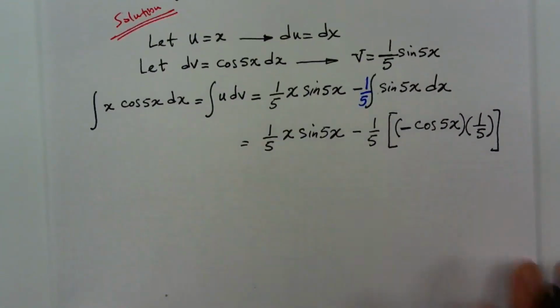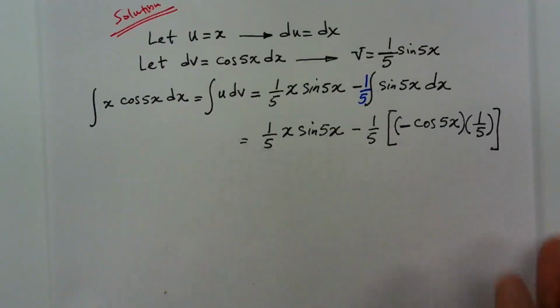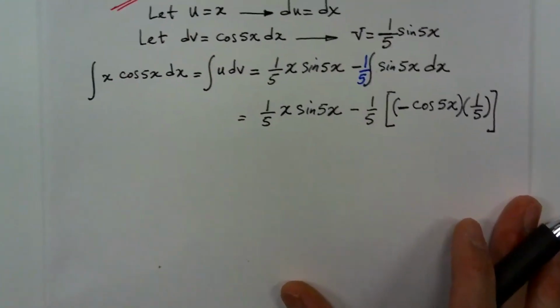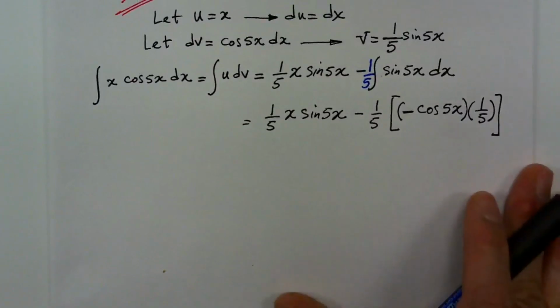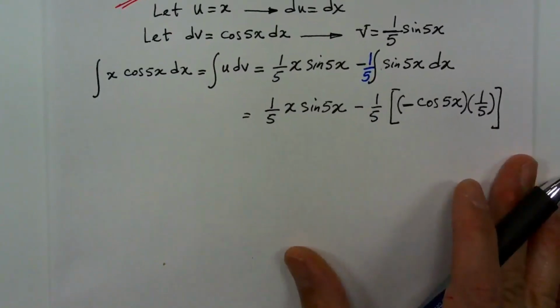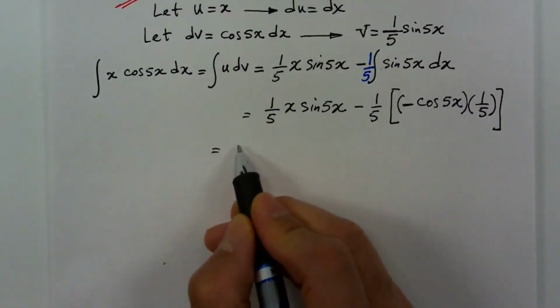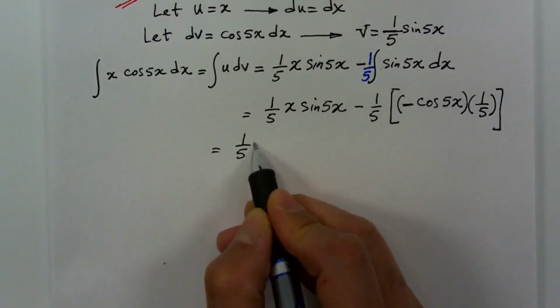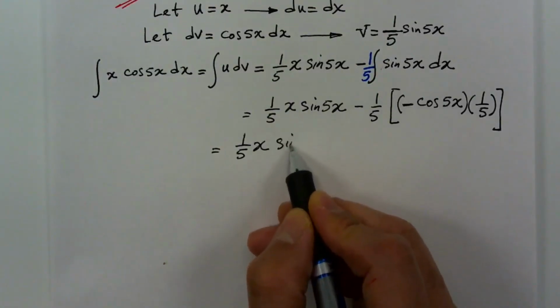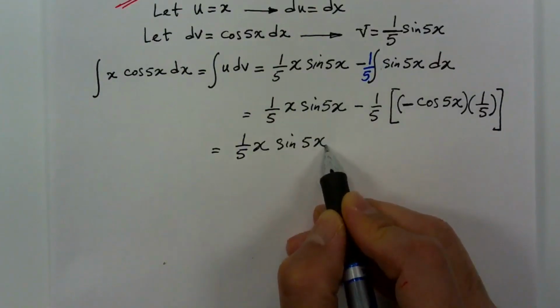Now that we have taken all this, let's clean this up. Let's simplify things, and then, of course, add c, because these are indefinite integrals. So the final result then is 1 over 5 x sine 5x.